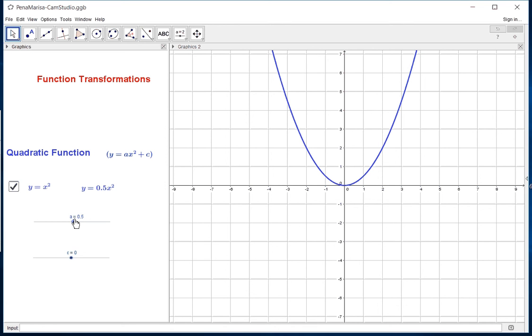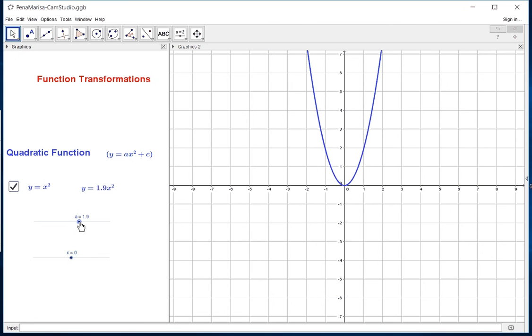Now what happens when we go into the negative direction? Well, just like in our linear function, our graph changed directions from positive to negative, the same thing is going to happen here. In this case, when the value of a is positive, our parabola is opening upward.